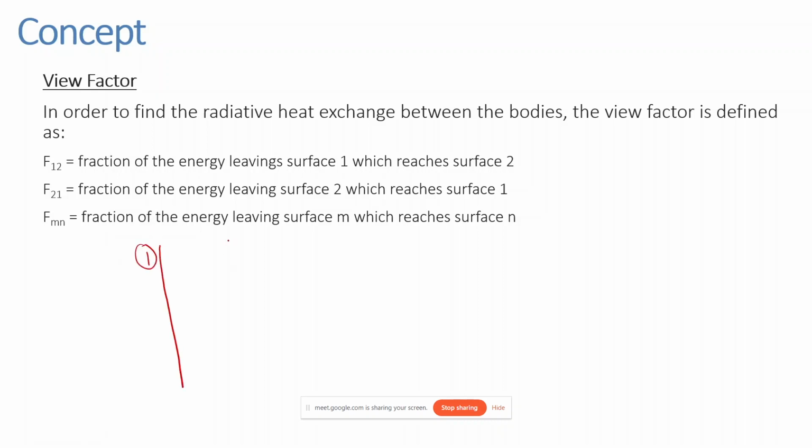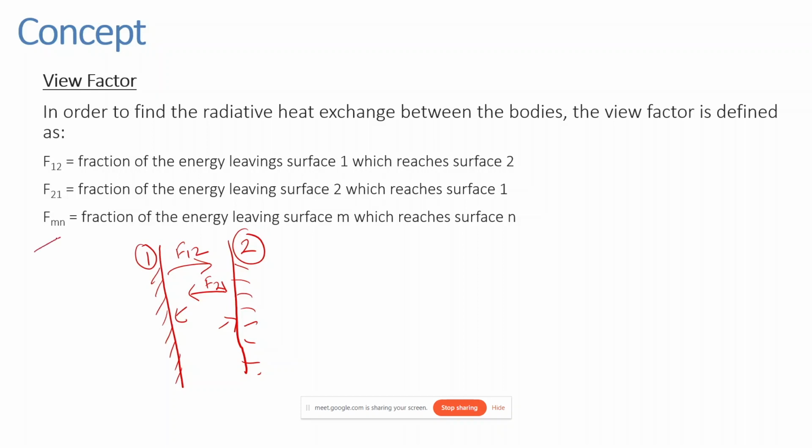This is my first object, this is my second object, and this side will be my reflecting surface. My F12 will be defined as the fraction of energy that leaves surface 1 which reaches surface 2. That is my F12, and the fraction of energy that leaves surface 2 which reaches surface 1 is F21.